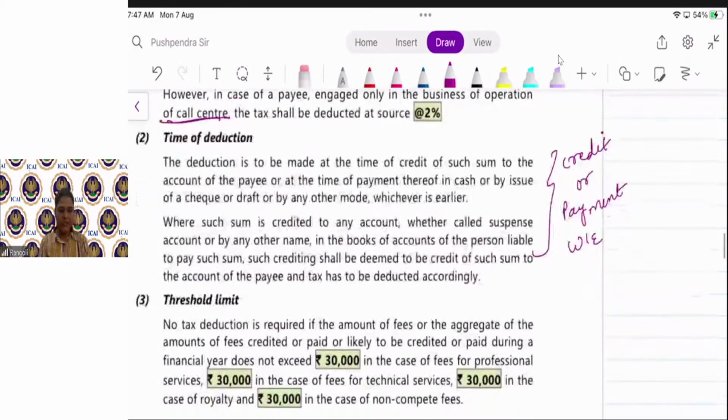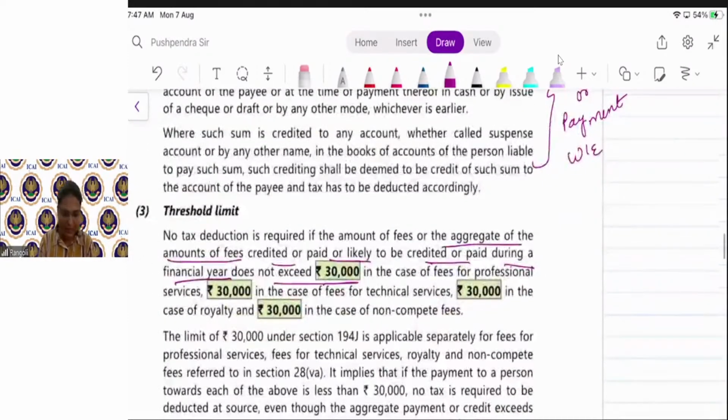Next is the threshold limit. No tax deduction is required if the amount of fees or aggregate of amount of fees credited or paid or likely to be credited or paid during a financial year does not exceed 30,000. See, here the 30,000 limit is given separately for every service.